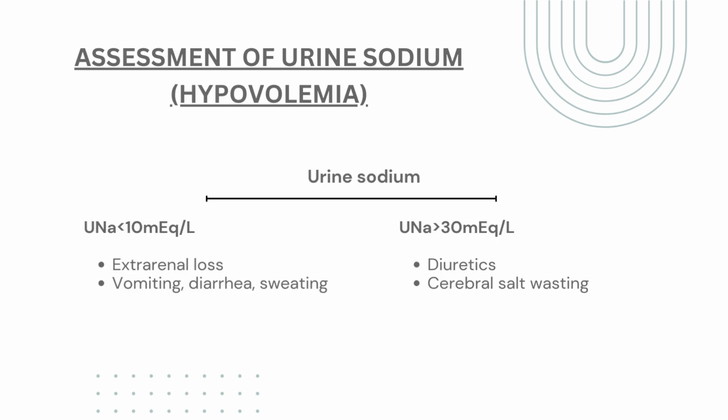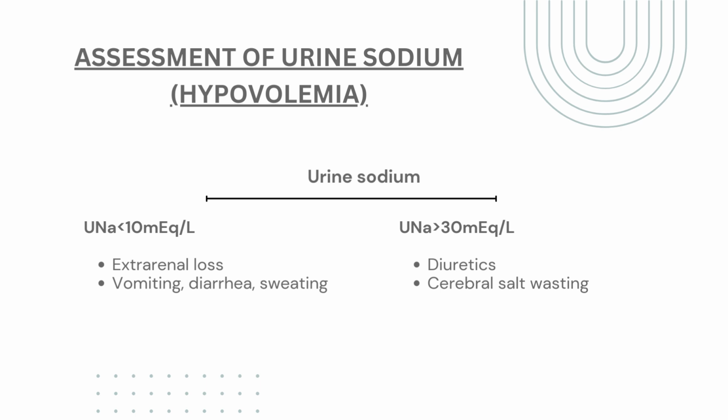For all the patients with urine osmolality more than 100, we will check urine sodium. For hypovolemic patients, if urine sodium is less than 10, we can assume that the kidneys are trying to reabsorb the sodium.